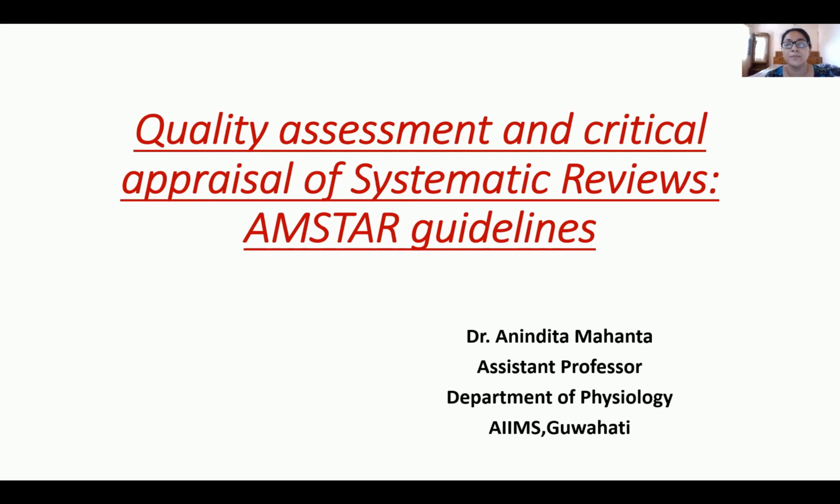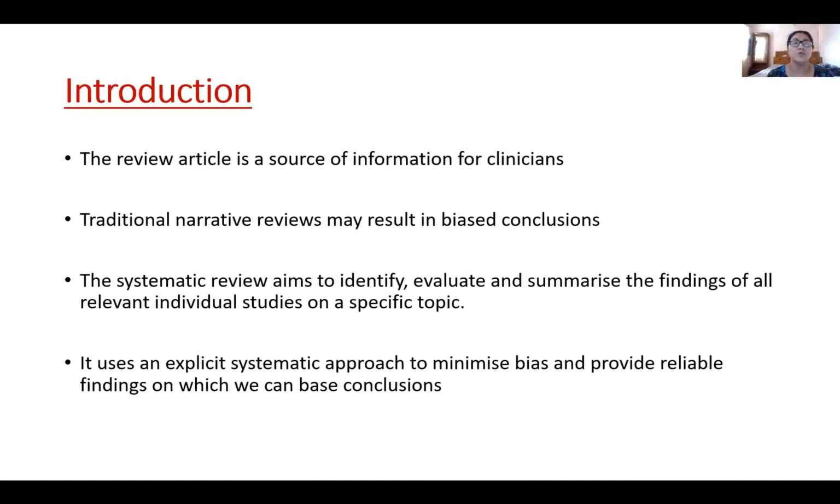So today I'll be talking about the quality assessment and the critical appraisal of systematic reviews, AMSTAR guidelines. A review article is a source of information for clinicians. However, traditionally reviews used to be narrative reviews, but they sometimes resulted in biased conclusions.